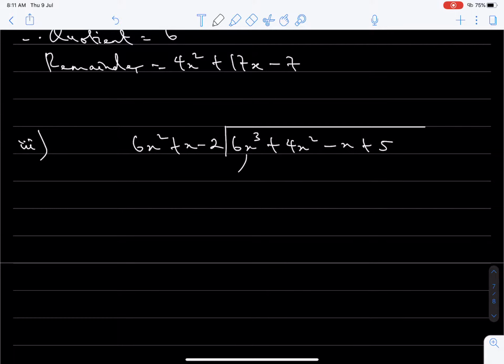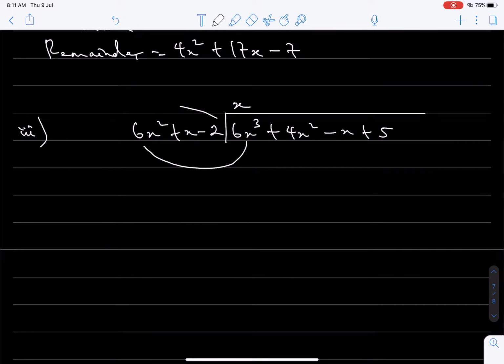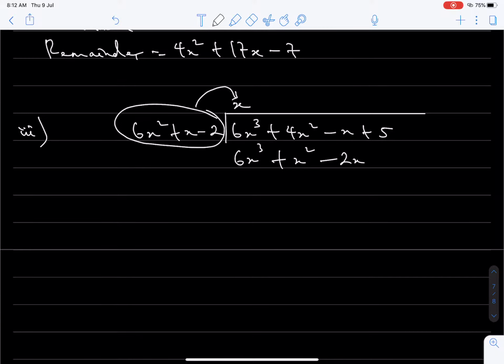So we go the same way. 6x cubed divided by 6x squared. That's x. And now we multiply the whole of this by that x, which is going to be 6x squared times x, 6x cubed, x times x, x squared, and then minus 2 times x, minus 2x.